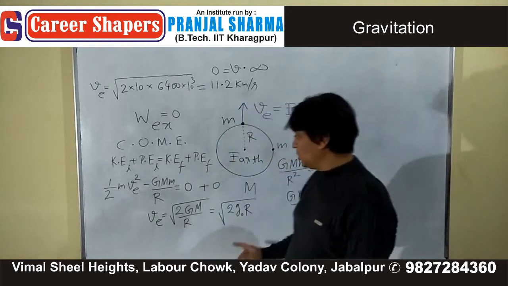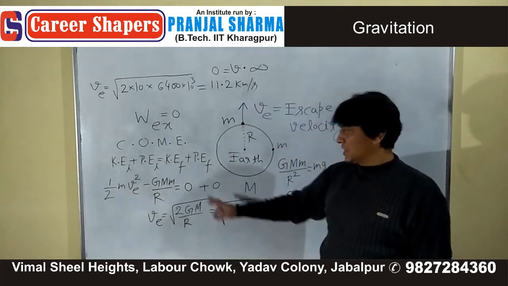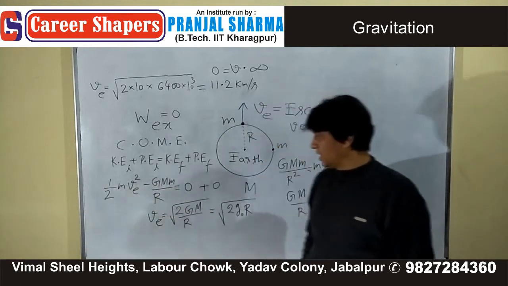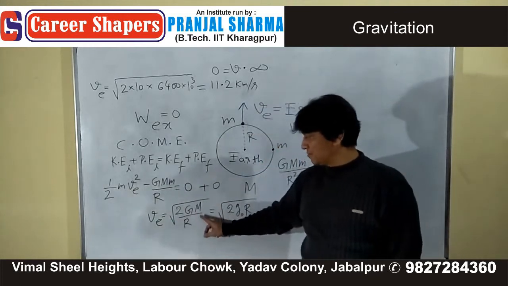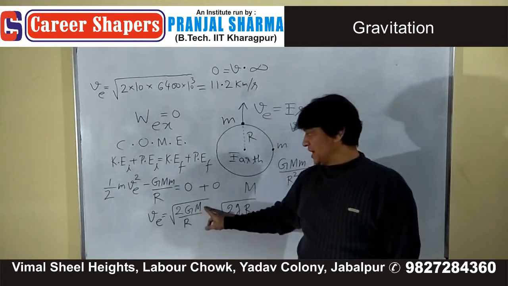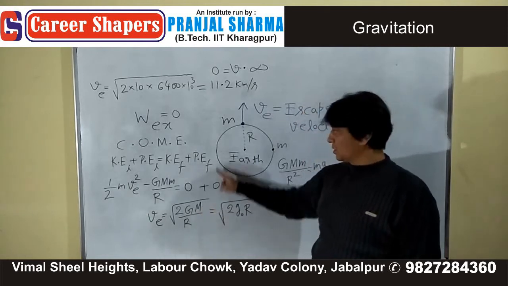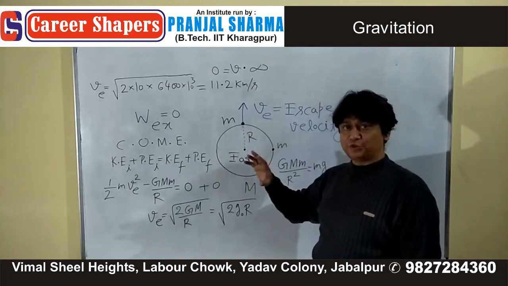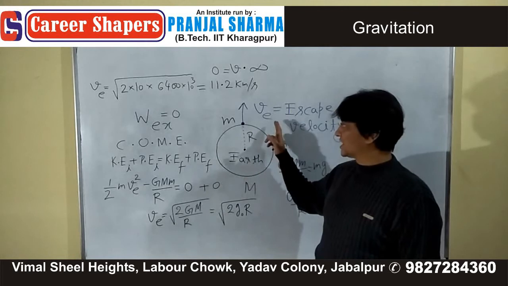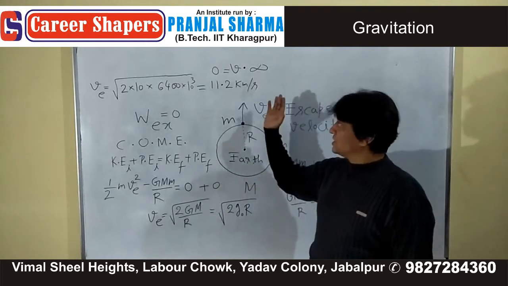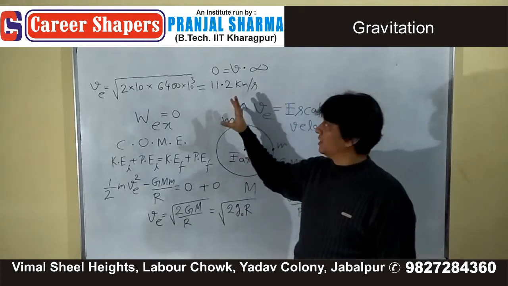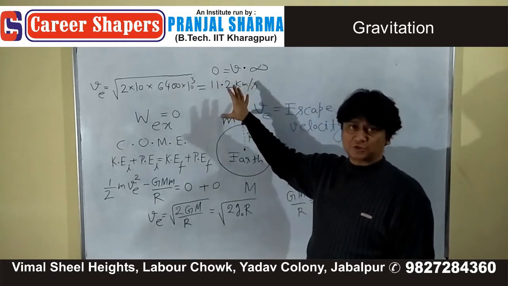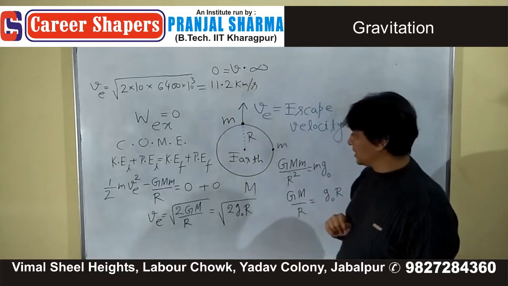Look here, m and m are getting cancelled, and ultimately you're left with root of 2 G M divided by R, where M is the mass of Earth, or the mass of the planet from which you're throwing an object. For Earth it comes to 11.2 kilometers per second. It has nothing to do with the mass of the projectile being thrown.